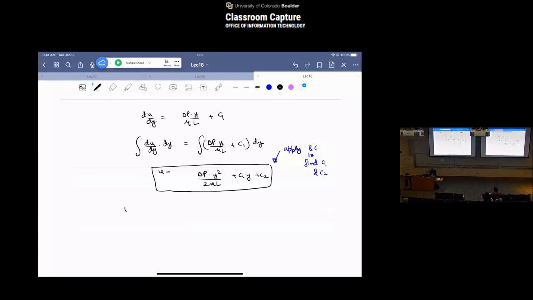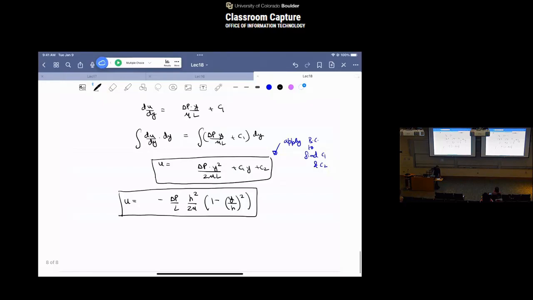So what you do get out is u is equal to minus delta P by L, h square by 2 mu, into 1 minus y by h whole square, and this is the final equation for u as a function of y. Okay, this is what you get for finding the full velocity profile.